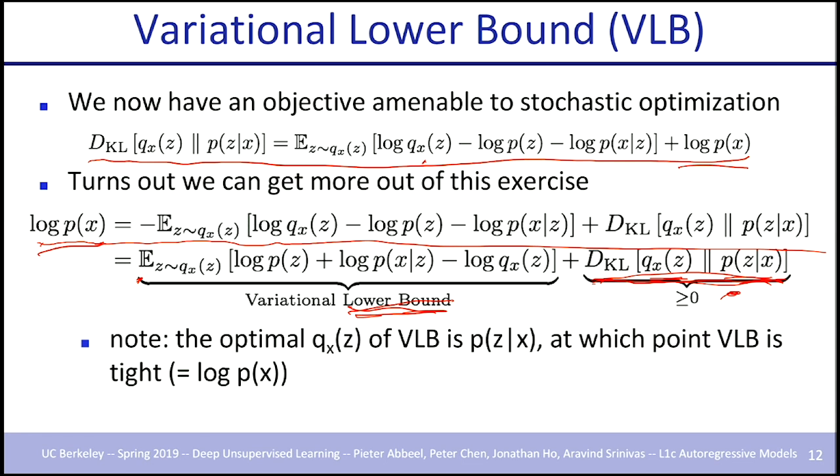What we can also see is that if you maximize this lower bound, and let's say you have an infinitely expressive Q, the optimal Q that you achieve would be exactly the true posterior, in which case the bound is tight, equal to the true likelihood that we discussed before.